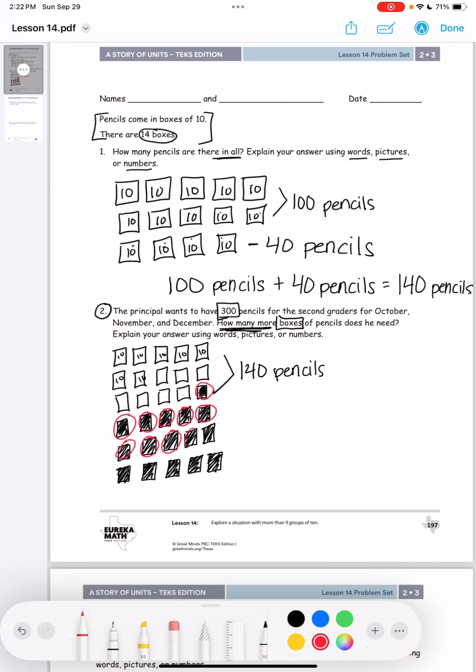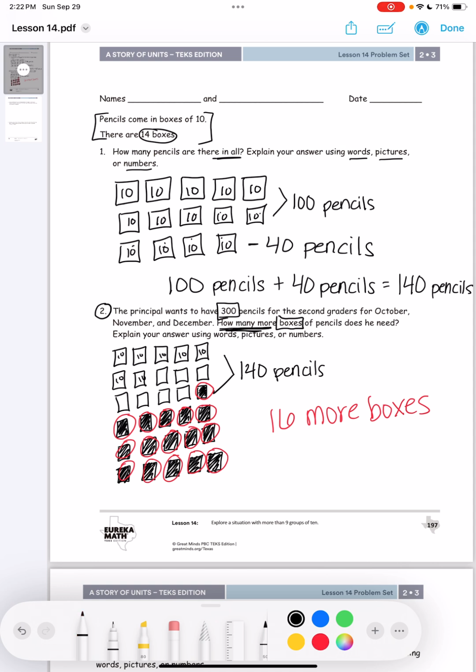So he needs 16 more boxes to get from 140 pencils to 300 pencils. So make sure you have that done. We're going to go on to number 3.